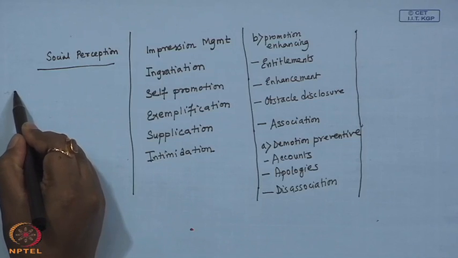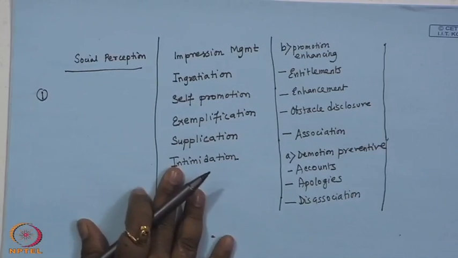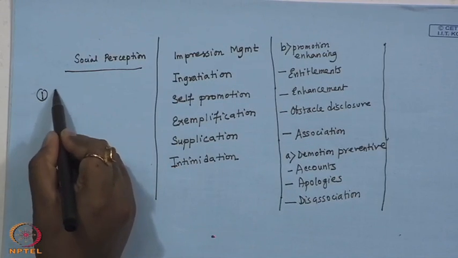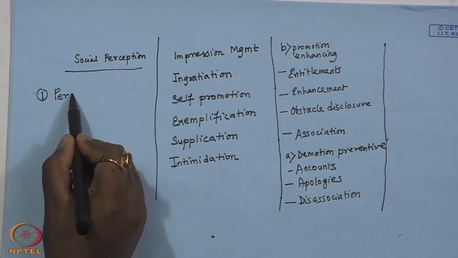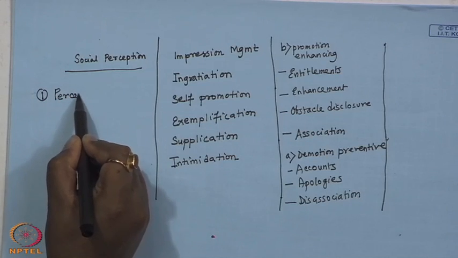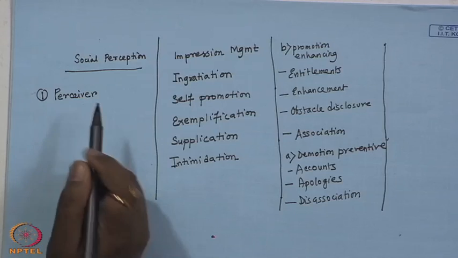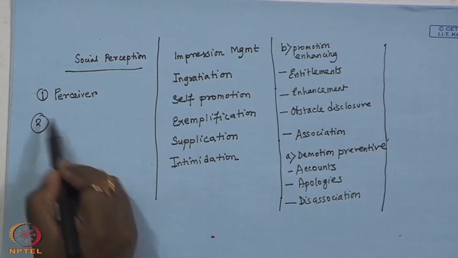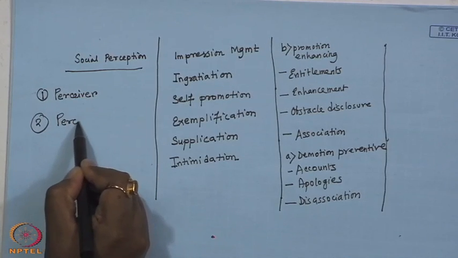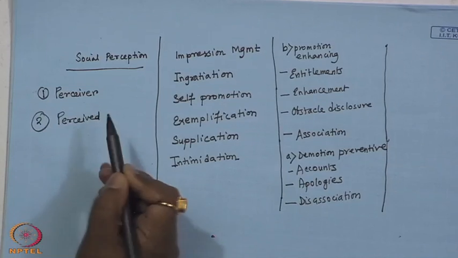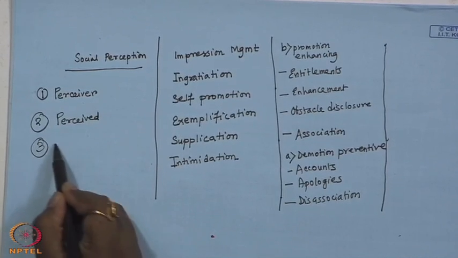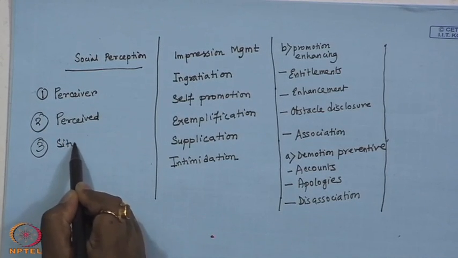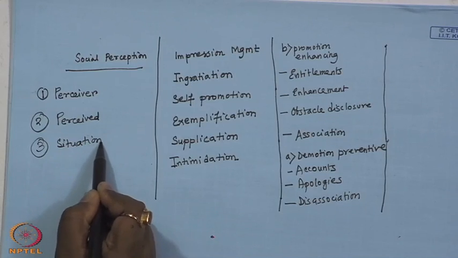Firstly, you have the person making the perception, the perceiver, and secondly we have the perceived person, and thirdly we also have the situation or the context.